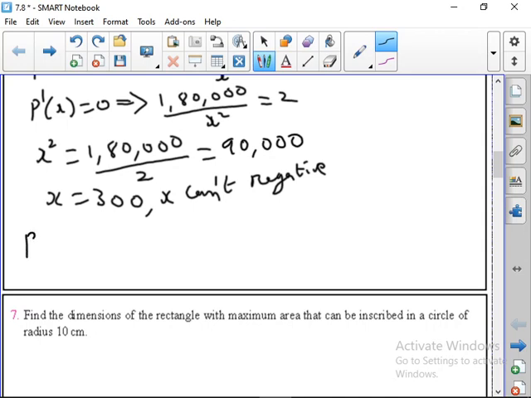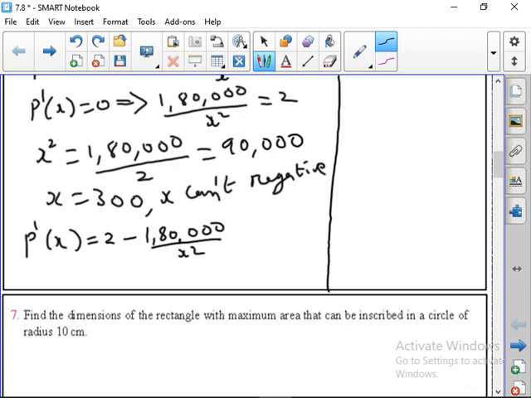So what about P double dash? P dash of x is 2 minus 1,80,000 by x square. So P double dash of x is equal to 2 into 1,80,000 by x cube.